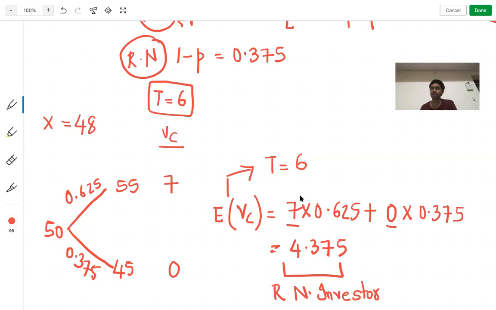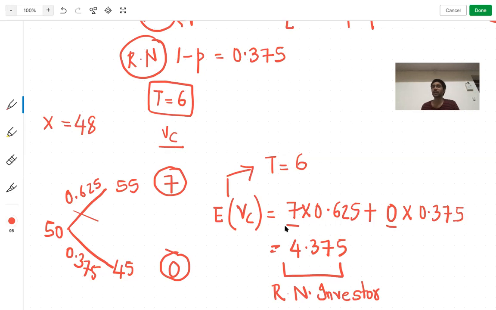The thing that is actually going to change is that 0.625 will not be 0.625 for a risk averse investor, and 0.375 will be something different for a risk averse investor.